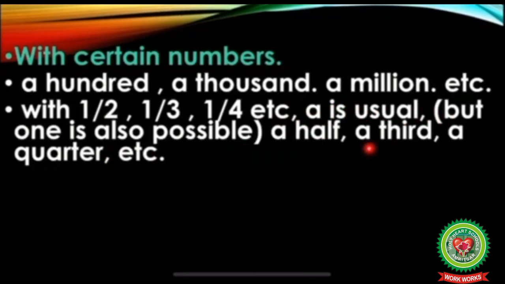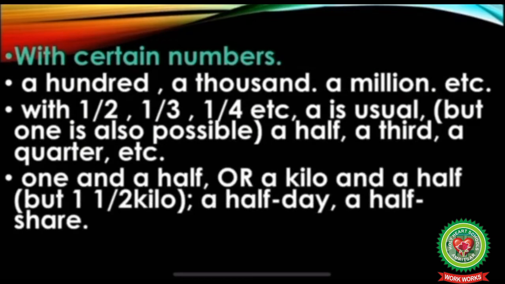A half, a third, a quarter, etc. So children, we will be using a with all these: a half, a third, a fourth, a quarter. We will also be using one and a half kilo or a kilo and a half, but one and a half kilo would also be used, a half day, a half share.